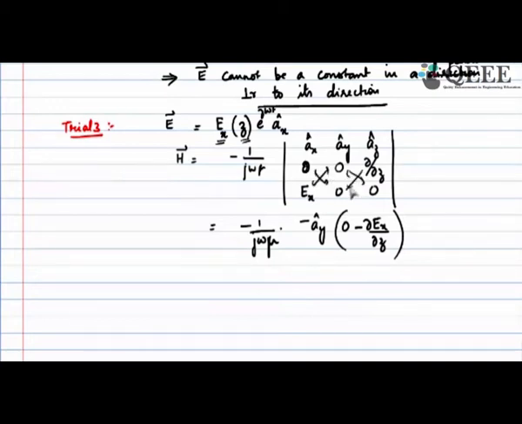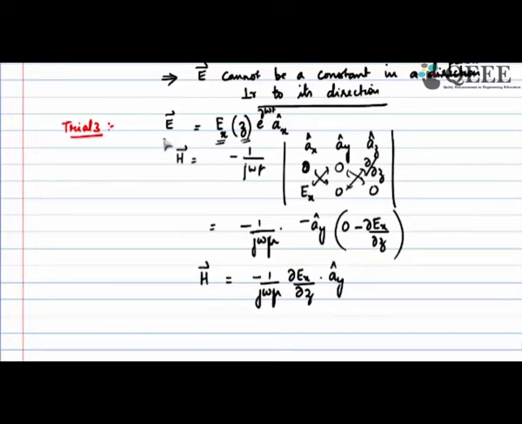This determinant is 0. What survives is the y component. So what you will have is, you have 3 negatives, so I will end up with minus j omega mu del ex by del z times ay.